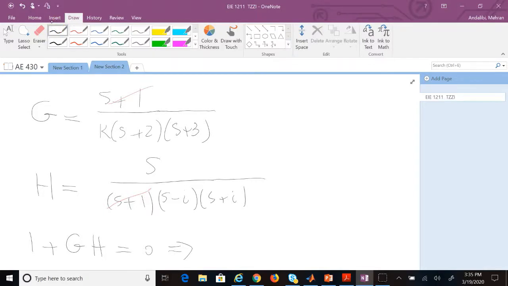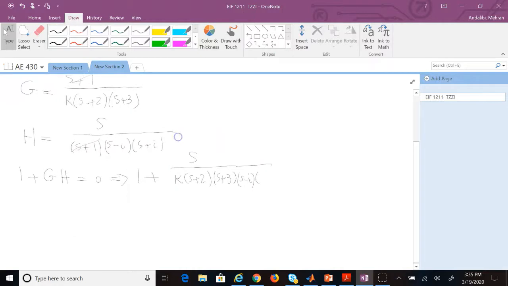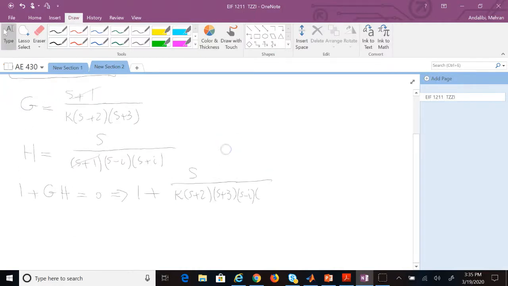So now if you do it, it is going to be 1 plus s over K times (s plus 2) times (s plus 3) times (s minus i) times (s plus i) is equal to 0.